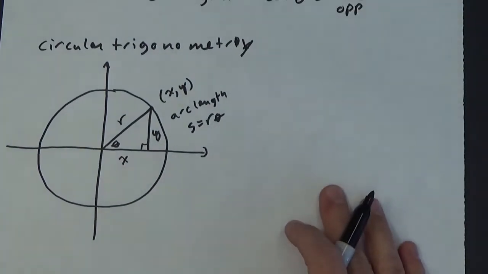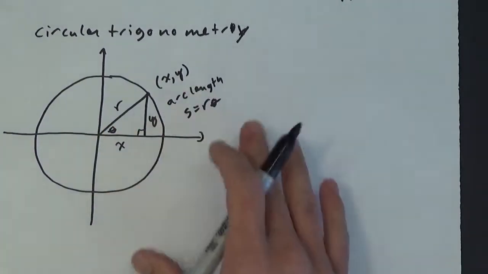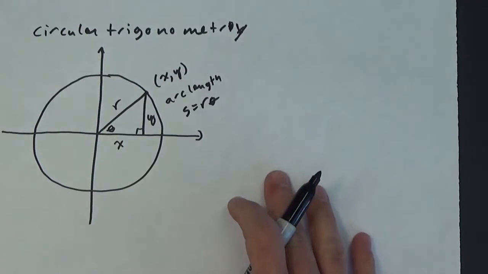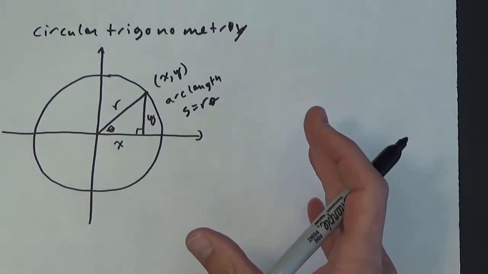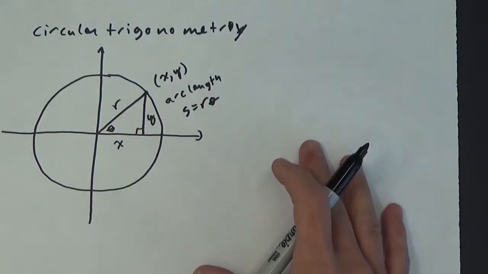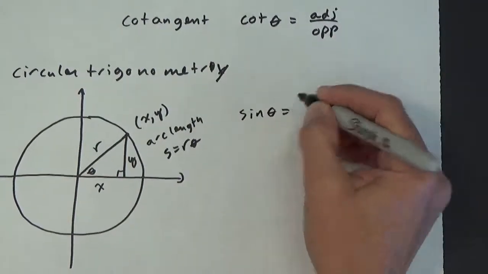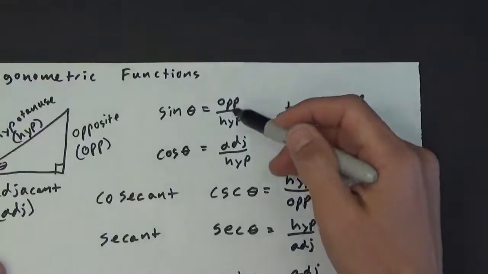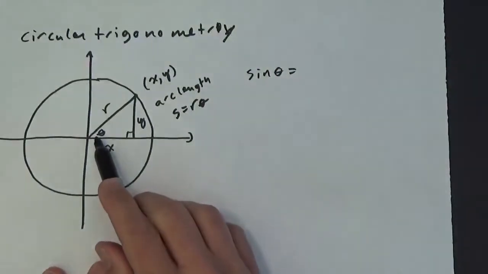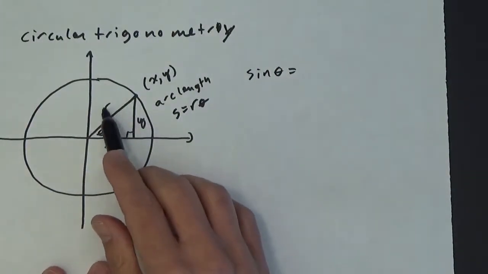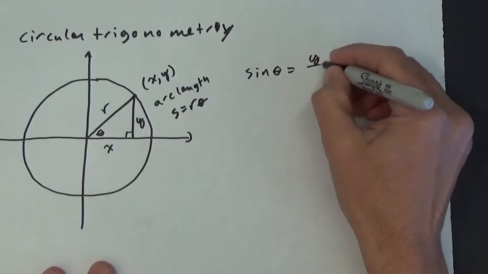All right. So now that we have this, let's go ahead and write out our trig functions. So the sine of theta, well, sine is usually opposite over hypotenuse, but now the opposite is y, the hypotenuse is r, so it's going to be y over r.